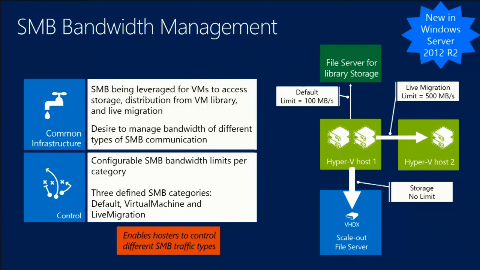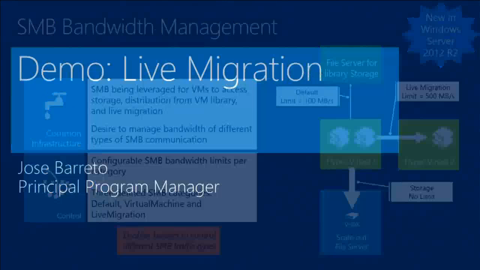We can control that so that you can have VMs going to the storage and migration at the same time without one interfering with the other. And you use this on top of the storage QoS that Hyper-V has delivered in R2 as well. So live migration traffic has a limit, then you have the limit for the other types of traffic, and then within that you can do per VHD limits as well with Hyper-V.